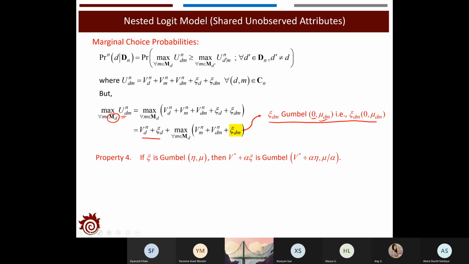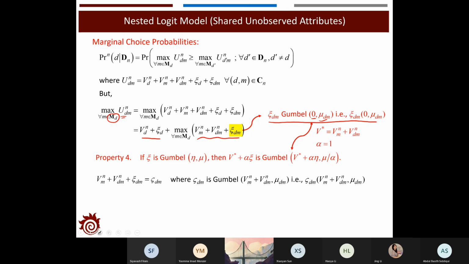And then from the fourth property of the Gumbel distribution, as we showed previously, we can find the distribution of the components inside these brackets, and that gives you a new distribution with the two parameters Vm plus Vdm and mu dm.